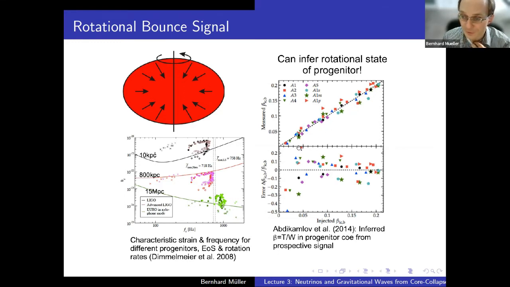You then do your matched filtering, and you ask what value of beta you recover, and how does that line up with the value of beta that you actually had in your model? Okay, thank you. So Bernhard, in this plot, the progenitor refers to the iron core, not the star. Yes, that refers to the rotation of the iron core.